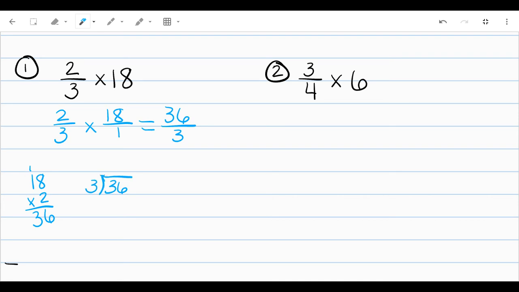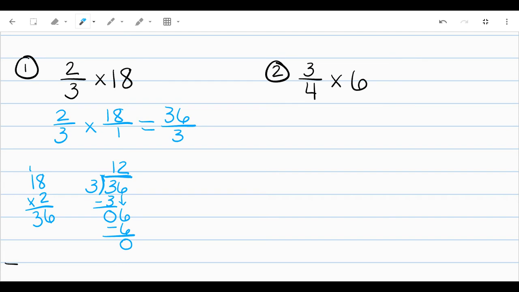When we do 36 divided by 3, we say 3 can go into 3 one time, and 1 times 3 is 3. We subtract 3 minus 3 is 0, and we bring the 6 down. Now, 6 divided by 3 is 2, and 2 times 3 equals 6, and 6 minus 6 equals 0. That means we have no remainder.